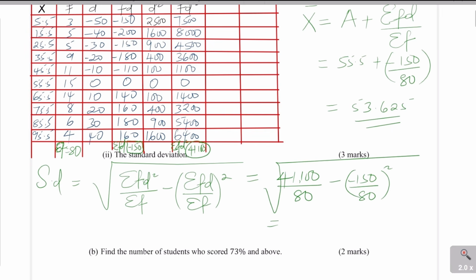Now working out this one, I'll feed everything in the calculator. 41,100 divided by 80, subtract negative 150 over 80 squared. This one should give 19.15. That is how you get the standard deviation, the square root of the variance.